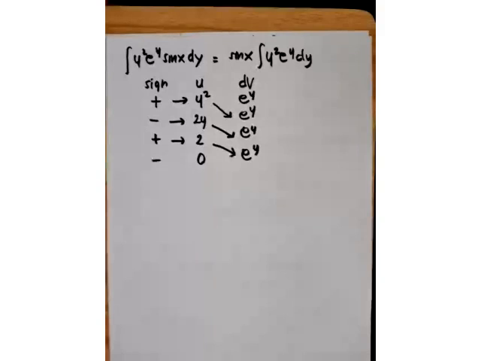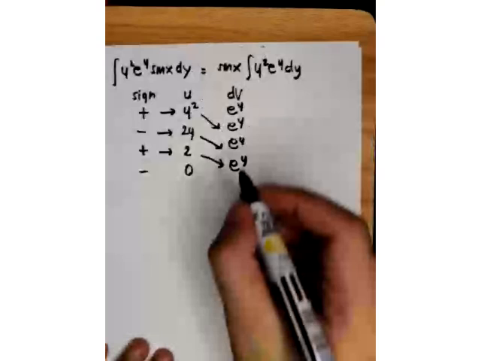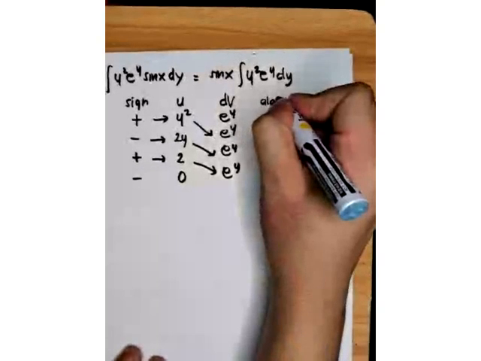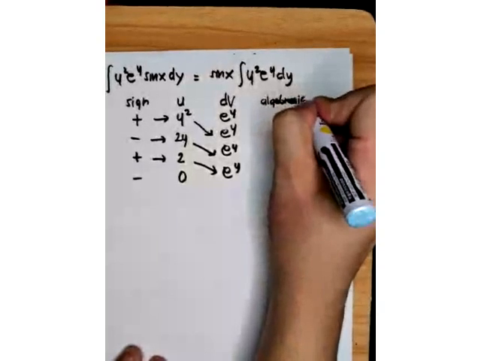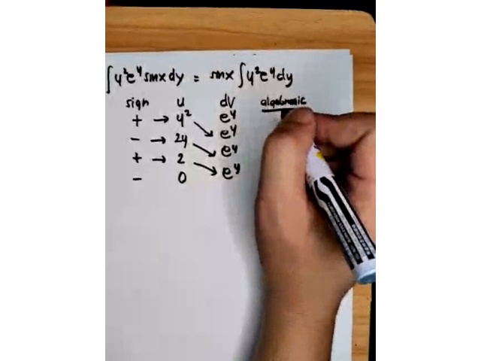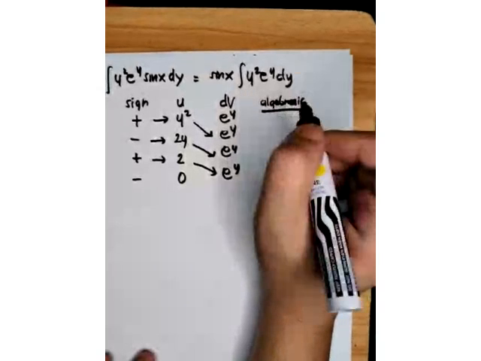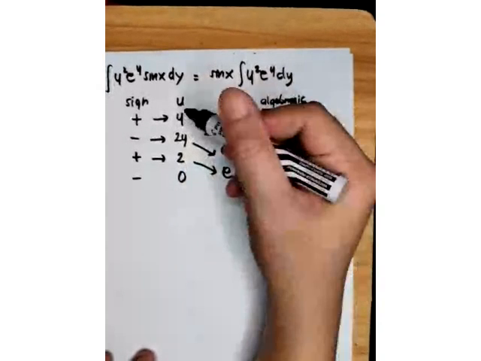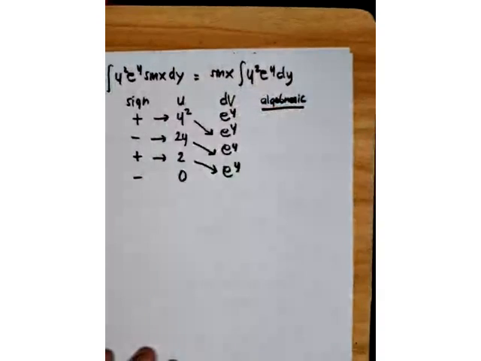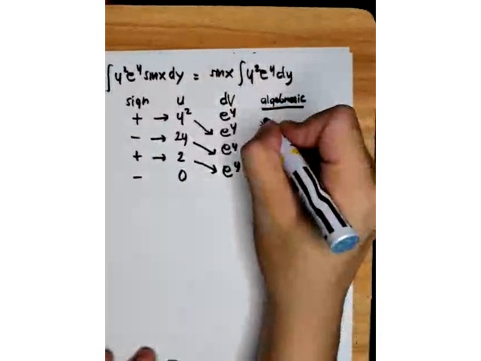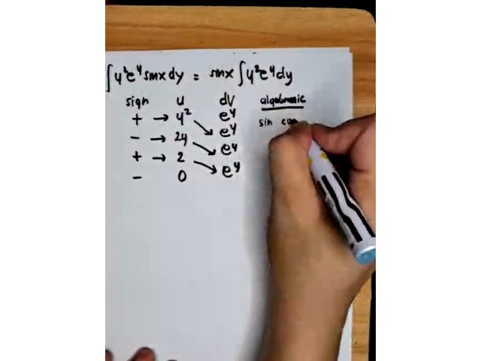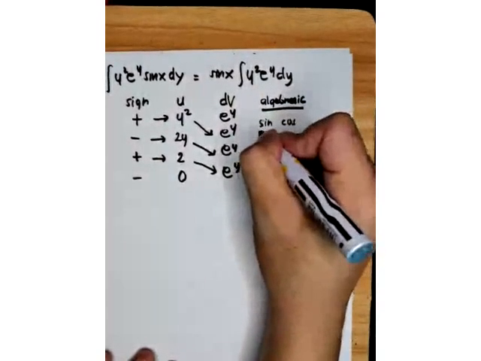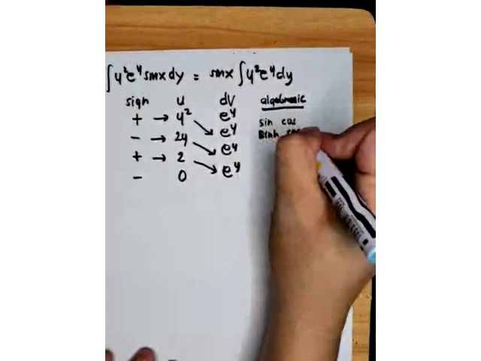Kaya lang, Erwin, meron lang kasing condition yung tabular method. Una, dapat meron kang algebraic na pag inulit-ulit mo siyang dinerive, mapapa-zero mo siya. That's the first condition. Kaya kung y raised to negative 2 yan, hindi siya pwede. Next, dapat, lima lang ang pwede: sine, cosine, hyperbolic sine, hyperbolic cosine, and exponential.